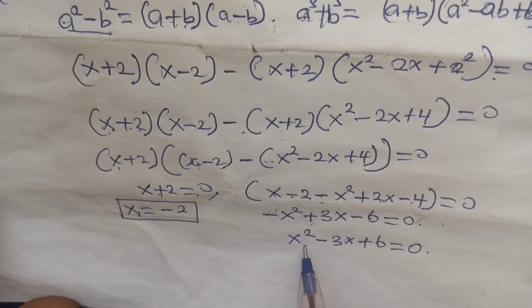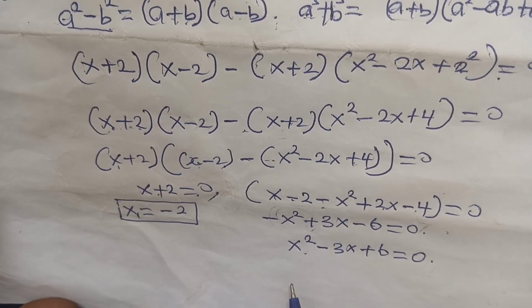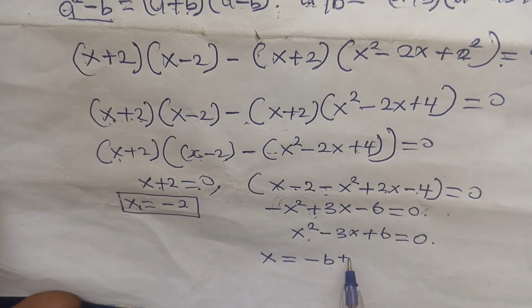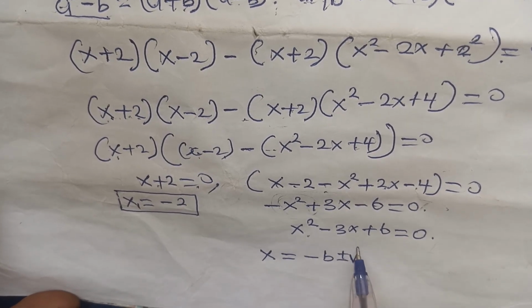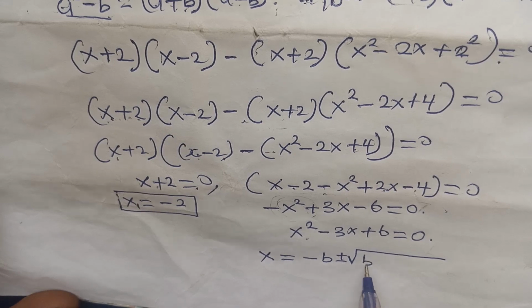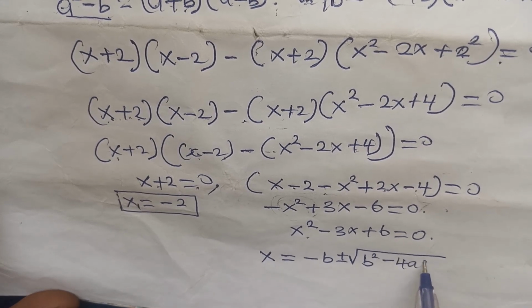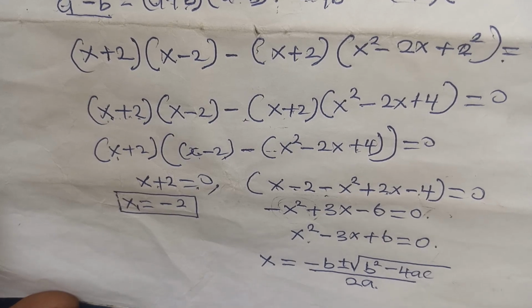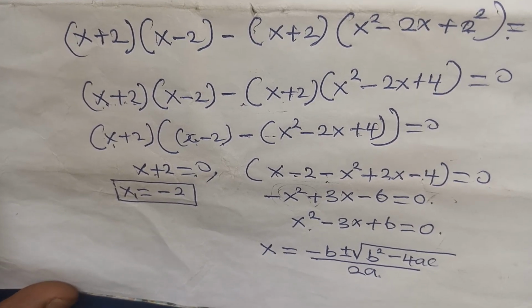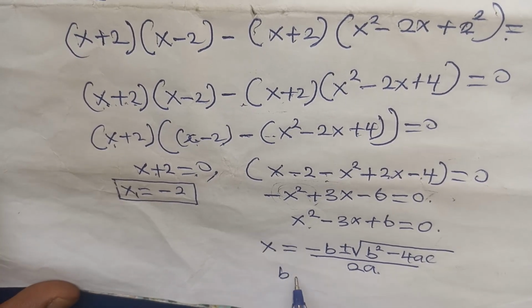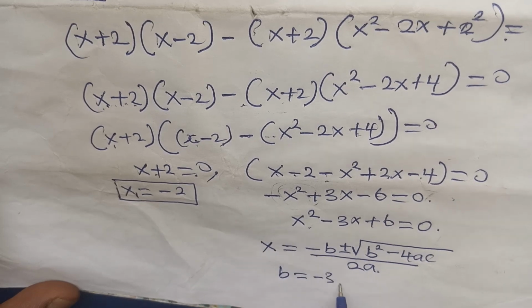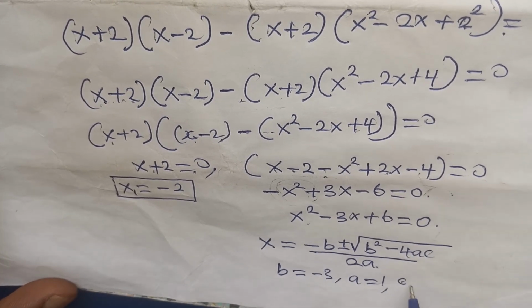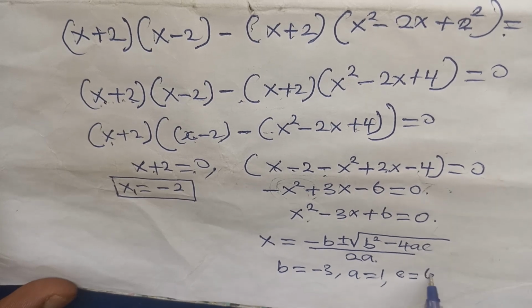With this, we can apply the formula method, which says our x is equal to minus b plus or minus the root of b squared minus 4ac over 2a, where our b is equal to minus 3, our a is equal to 1, and our c is equal to 6.